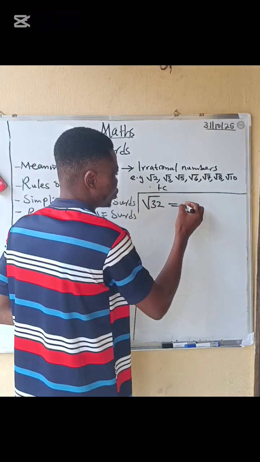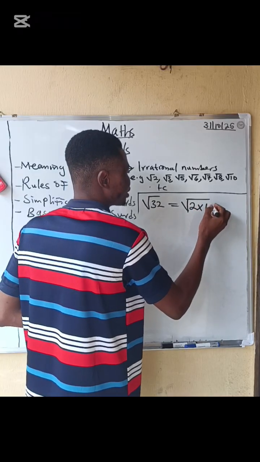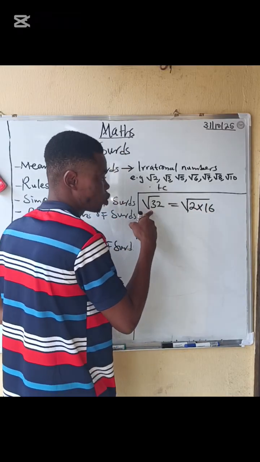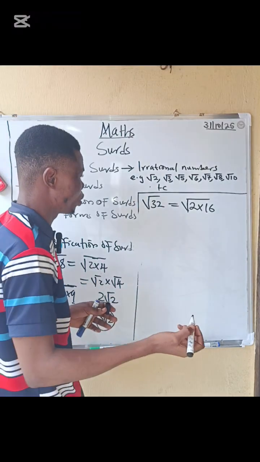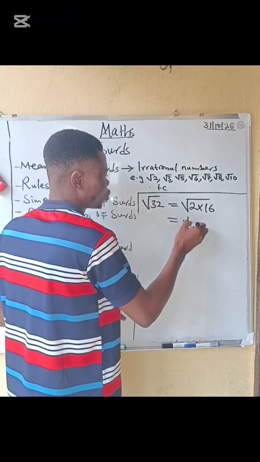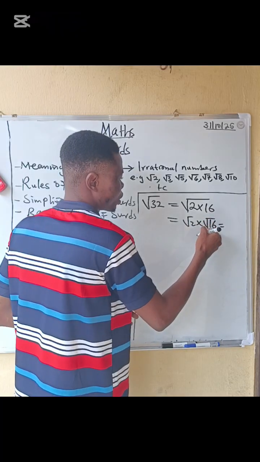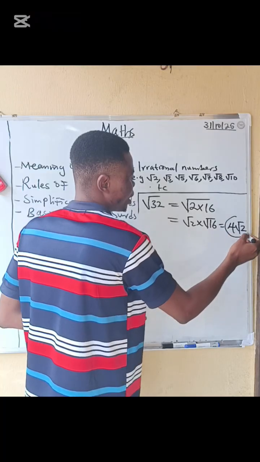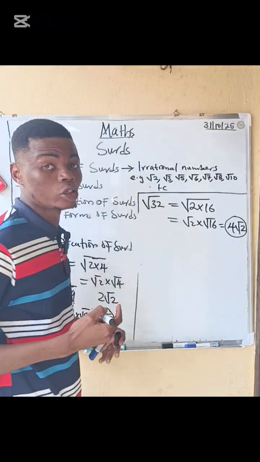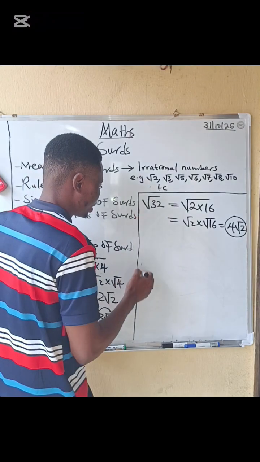So for 32, we are going to have 2 times 16, because 2 times 16 will give you 32. And 16 is a perfect square. So we have root 2 multiplied by root 16. So what is the square root of 16? That is 4 root 2. So this is the basic form of root 32.